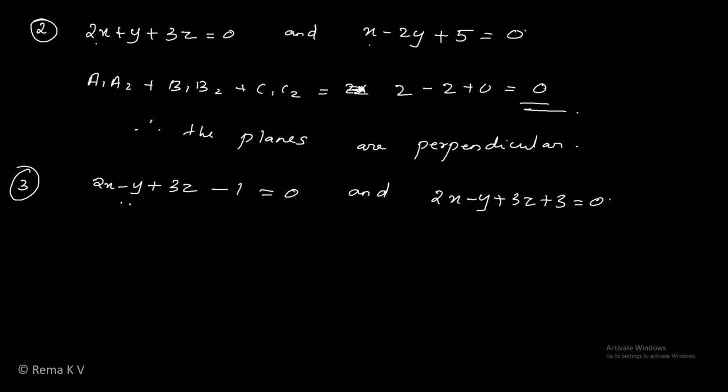What about these planes? When you find A1 A2 plus B1 B2 plus C1 C2, it is 4 plus 1, 5 plus 9, which is not equal to 0, so the planes are not perpendicular.